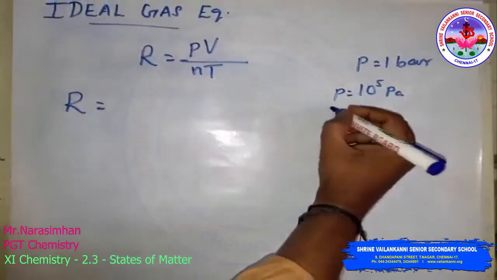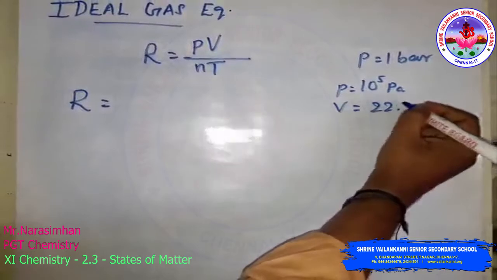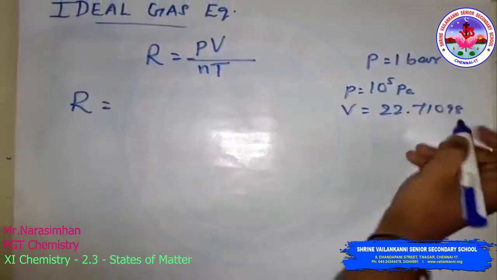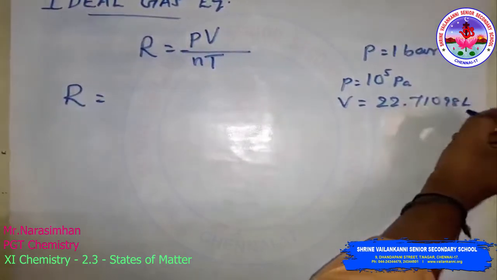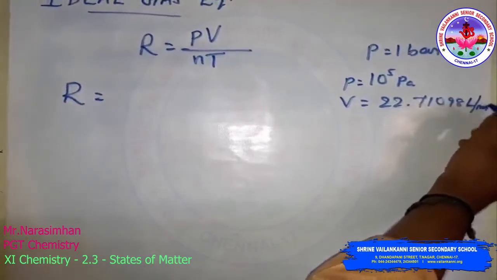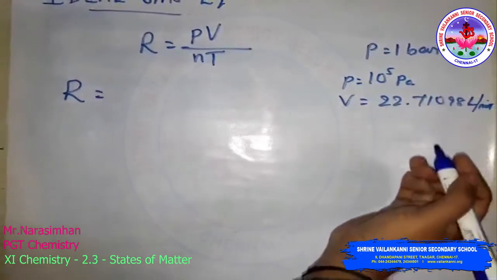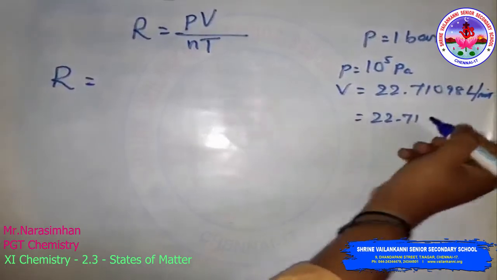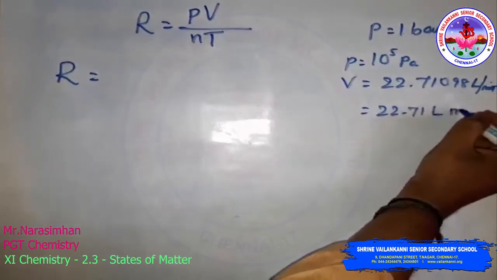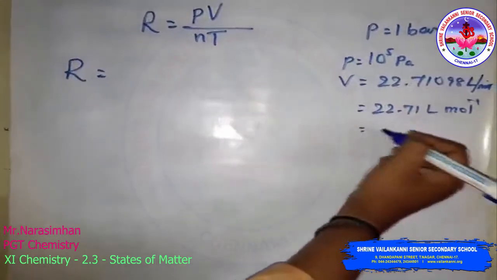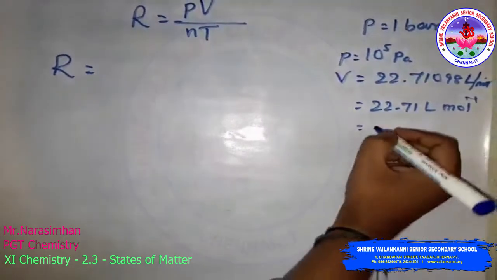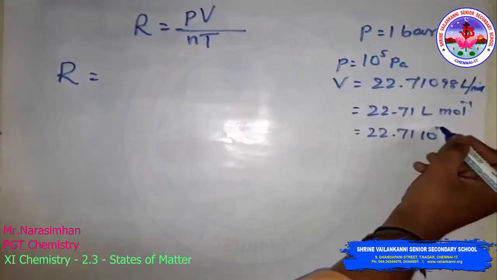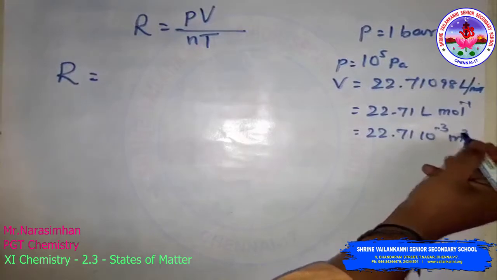Then the volume is 22.71098 liter per mole, or mole inverse. You can convert the liter to meter cube, that is 22.71 into 10 power minus 3 meter cube.